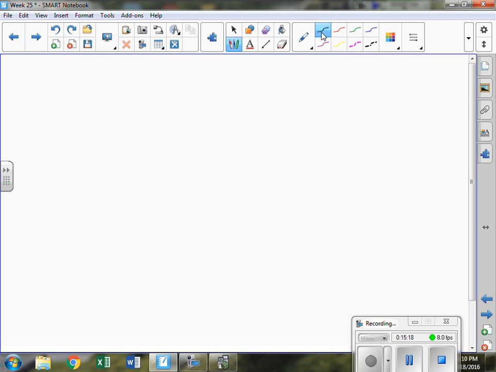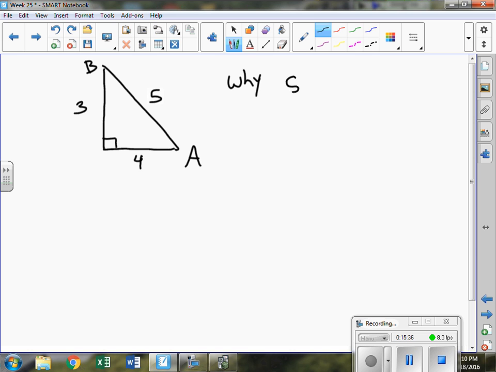To consider this, and to simplify it a little bit further, I want to use a right triangle with a Pythagorean triple, 3, 4, 5, angle A and angle B. And I want to answer the question, why is the sine of angle A equal to the cosine of angle B?